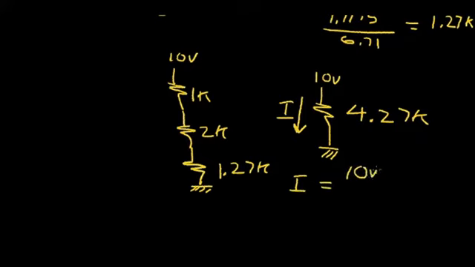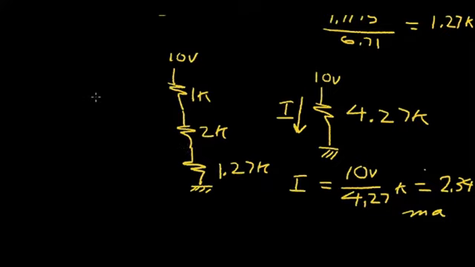So we have 10 volts divided by 4.27K, and I believe that is 2.34 milliamps. Remember that anytime the circuit has volts and k ohms, your current comes out in milliamps.